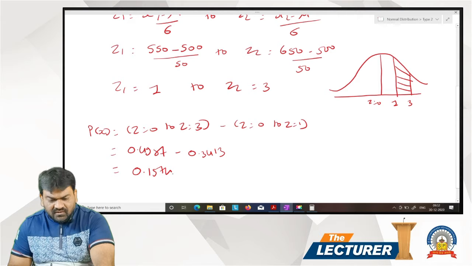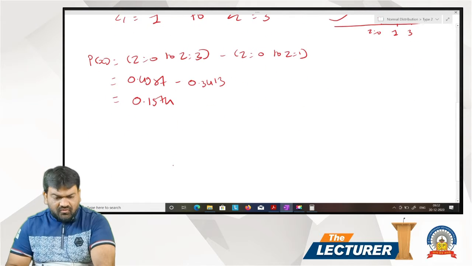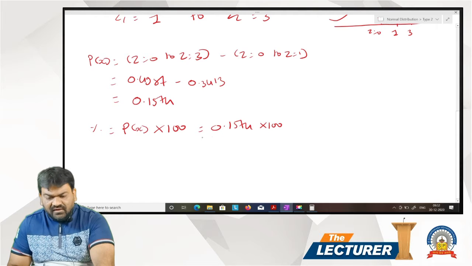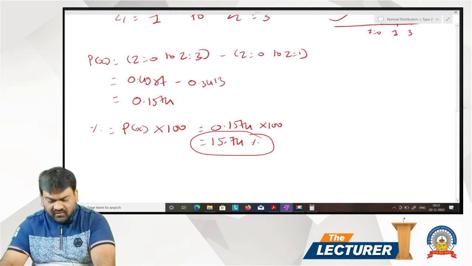We have to find the percentage. So percentage is equal to probability multiplied by 100. 0.1574 multiplied by 100 is 15.74%. This is your first answer.